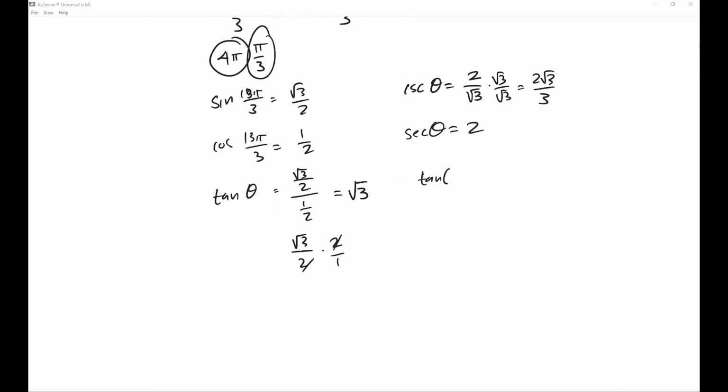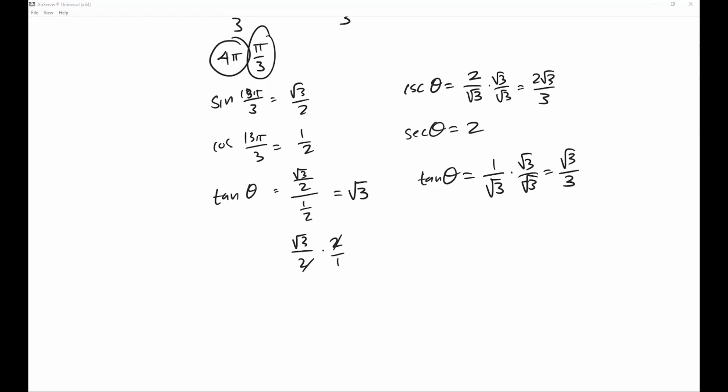Cotangent theta is equal to 1 over radical 3, which if you multiply both the top and the bottom by radical 3 is radical 3 over 3. This year, I would like for you to show your work on the algebra, so the rationalization, okay? Please show your work with that. That kind of tells me where you are in this whole thing.